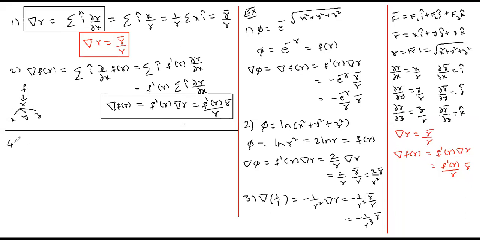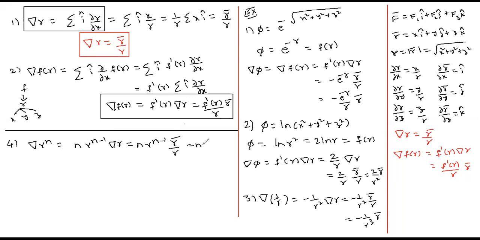Similarly, if I want to find out del r power n. What is del r power n? n into r power n minus 1 into del r. Derivative and then multiply with del r. What is del r? r bar by r. Am I right?